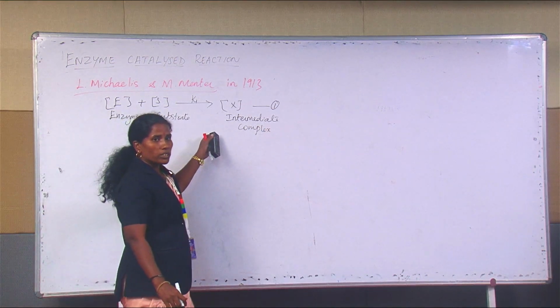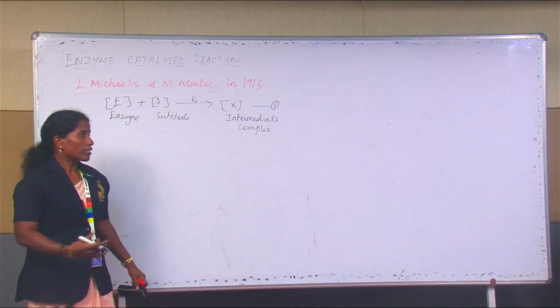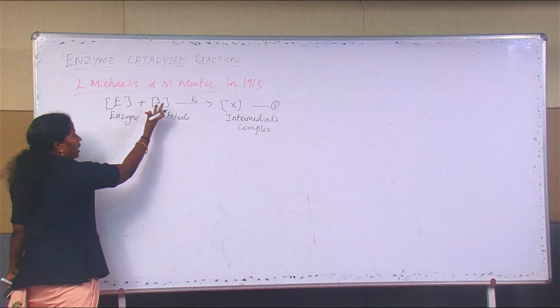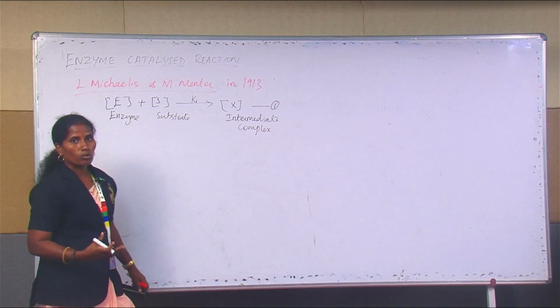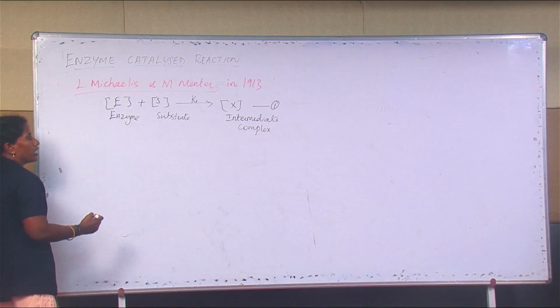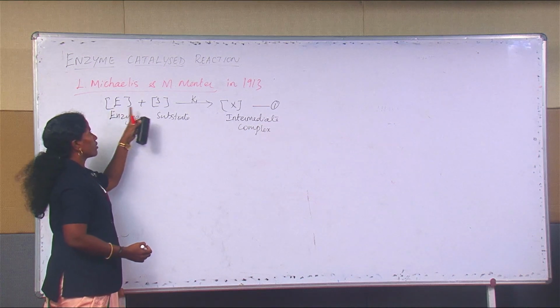Here there are two possibilities. The intermediate complex X may decompose back into enzyme and substrate, or it may form the product. So the first one, the intermediate complex decomposes back to form enzyme and substrate.